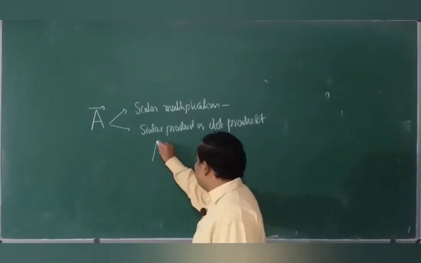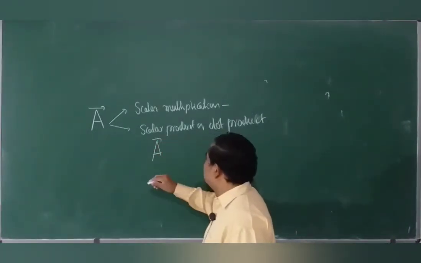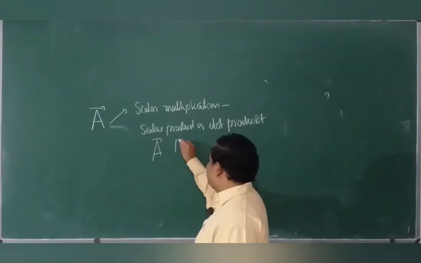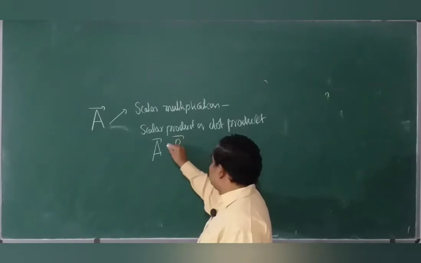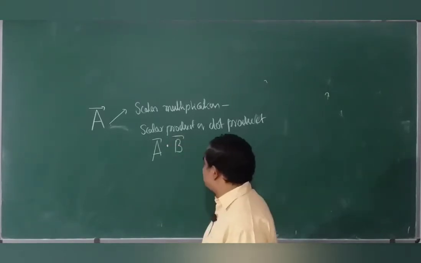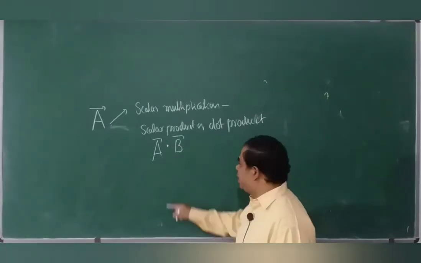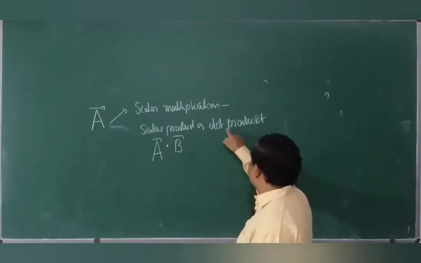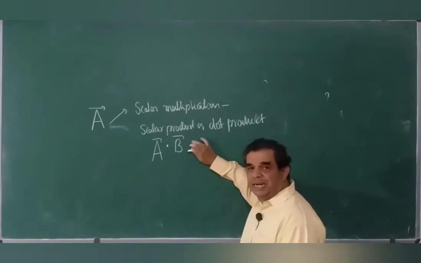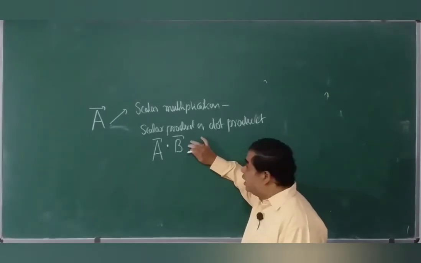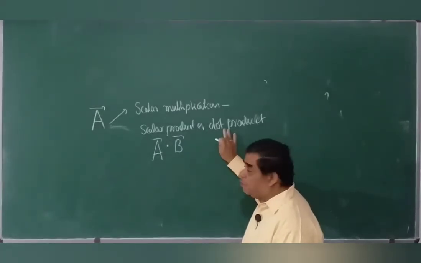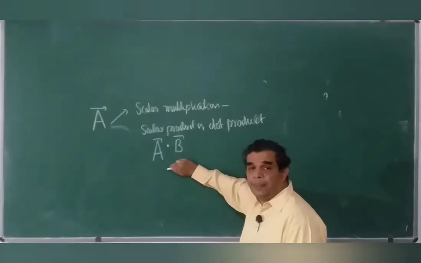Here, if A is the vector, say A is the vector, B is another vector, the scalar product is written like this, vector A dot vector B. We are putting a dot in between. That's why we call this as dot product. The way in which we write, that tells us the name for the product, dot product, because we are putting a dot there.